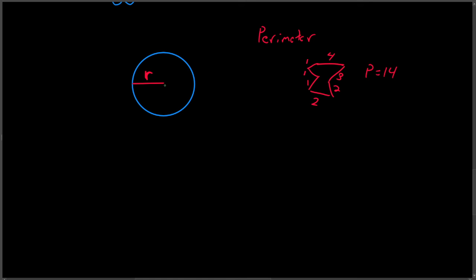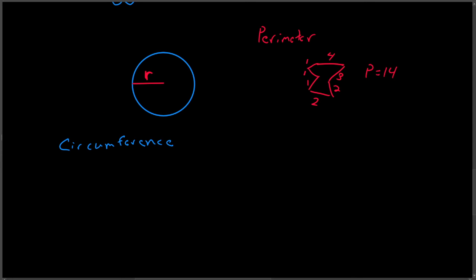Radius is really the distance from the center to any point on the circle. We make circles by pinning a piece of string and holding it taut, and we could trace it out. And so this outer part of a circle isn't called a perimeter. It's called the circumference, due to the fact that it's curved.